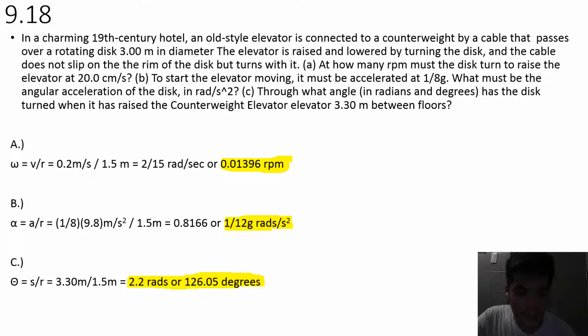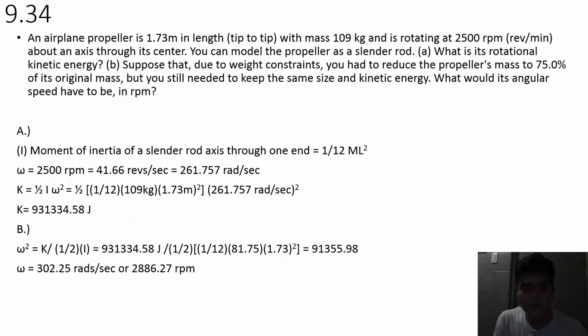Given that the arc length is 3.3 meters and the radius is 1.5 meters, plugging this in, we will get the answer 2.2 rads or 126.05 degrees.